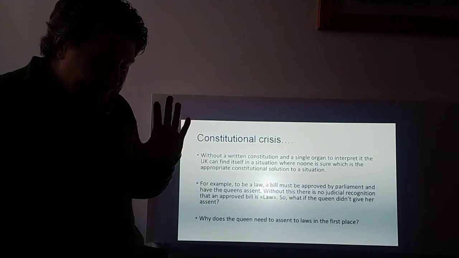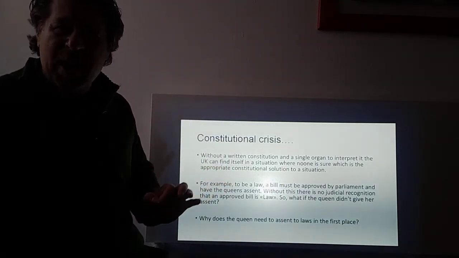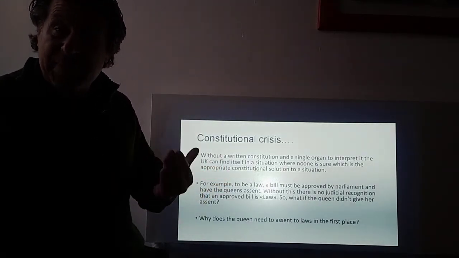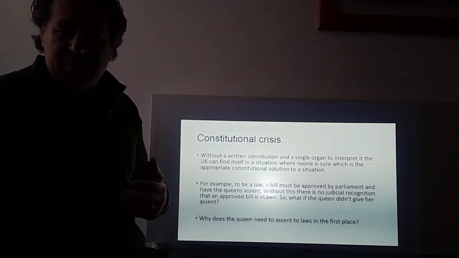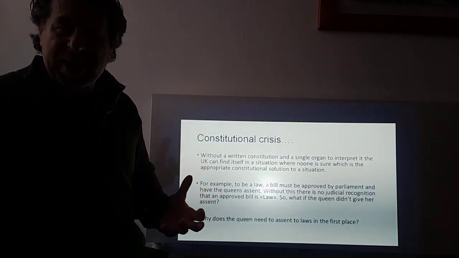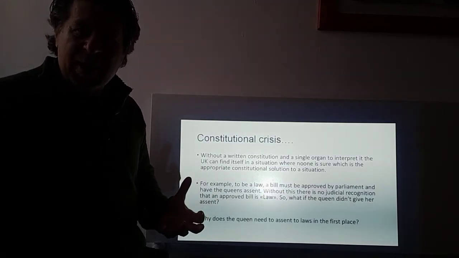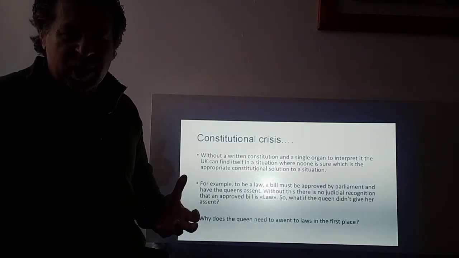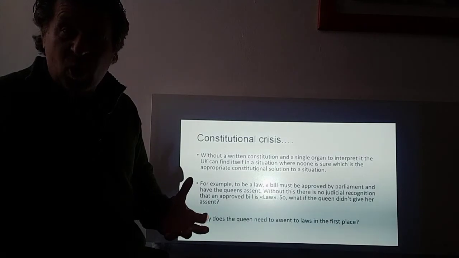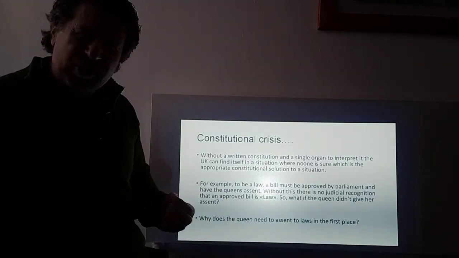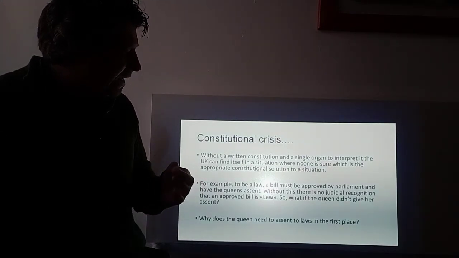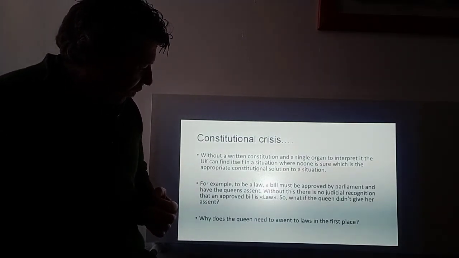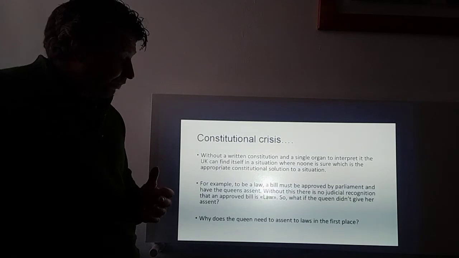So just having one person verify, and that person being above the system, above the law. I mean, the Queen can't even be judged by an English or a United Kingdom court. So she is really super partes. So having that is actually useful and needed.